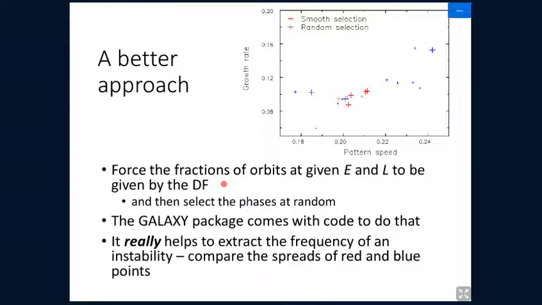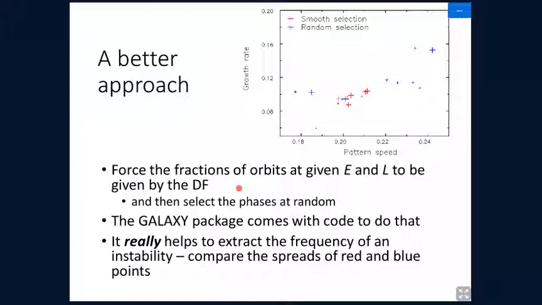So if you select particles in a smooth way from the distribution function in the way that Galaxy code provides, then you force the fractions of orbits at any individual value of E and L to be given by the distribution function. There are still additional things that you need to choose in order to select the actual position of particles, but those are just the phases of the particle in its orbit for a given set of integrals.